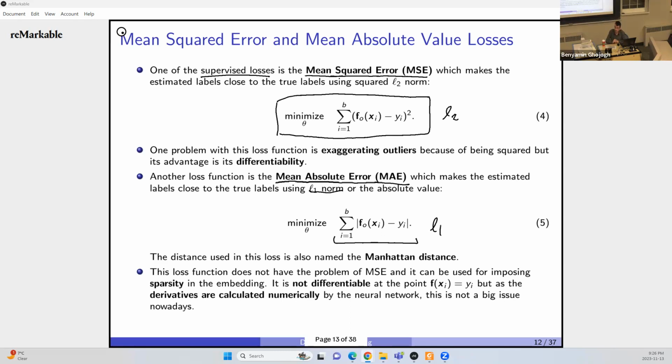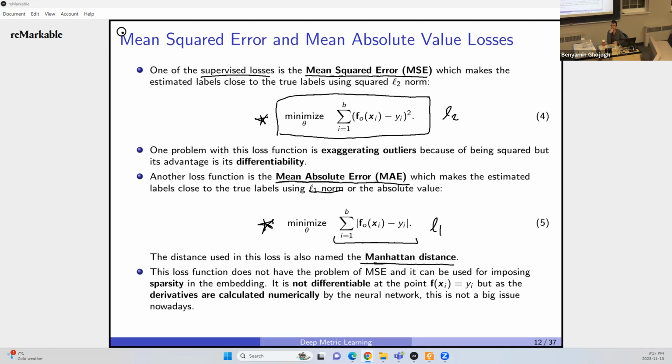Both of them are for regression. By the way, the L2 norm is also called Euclidean distance, and the L1 norm is also called Manhattan distance.